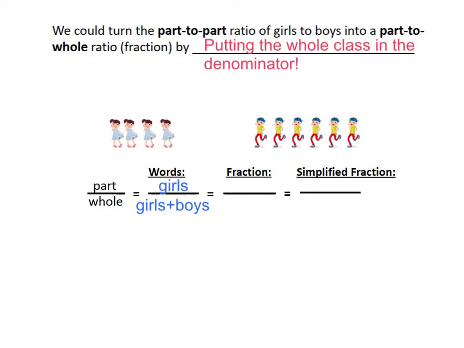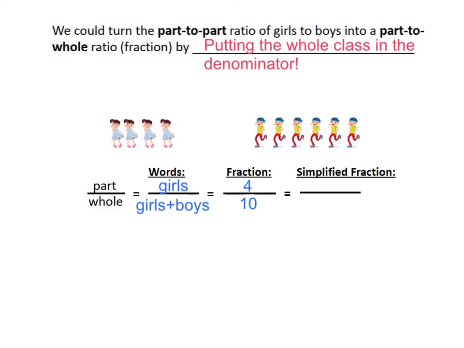So if we actually put some numbers in here, how many girls are in the class? So there are 4 girls in the class, so a 4 goes on top to represent the part of our fraction. And to represent the whole, how many whole students are in the class, girls and boys put together, that would be 10.